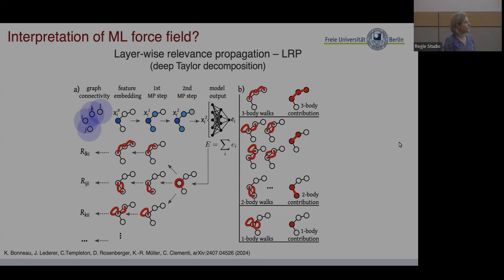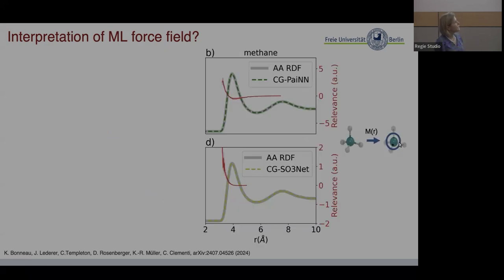So together with Klaus-Robert Müller, who has done a lot of work in Berlin on the interpretation of neural networks, we did something that is basically a tailored decomposition. In machine learning they call it layer-wise relevance propagation, but in physics terms, it's a tailored decomposition or sensitivity analysis, basically. And we can extract all the two-body, three-body, and so on interactions from the neural net.